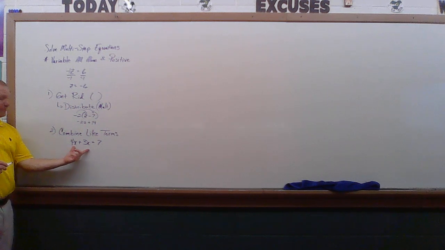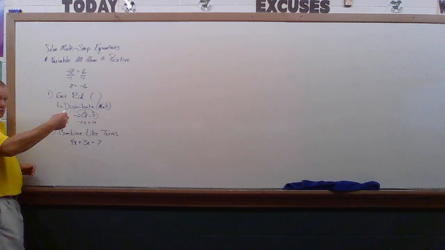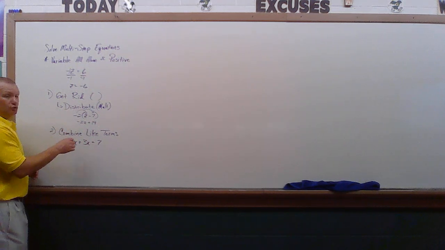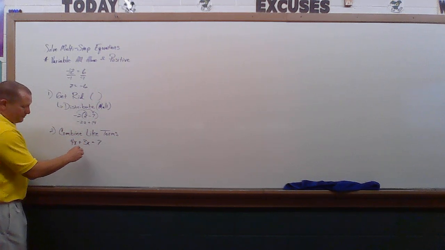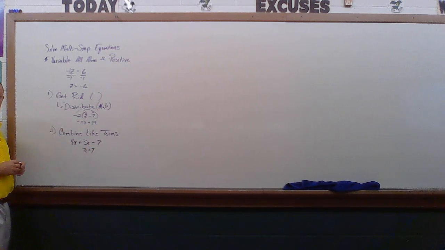So again, I'm looking at my x's. Today, both groups of x's, or whatever variable we're talking about, should be on the same side of the equal sign. So you do exactly what it says. So 4x plus 3x is what? 7x, and then we would solve.